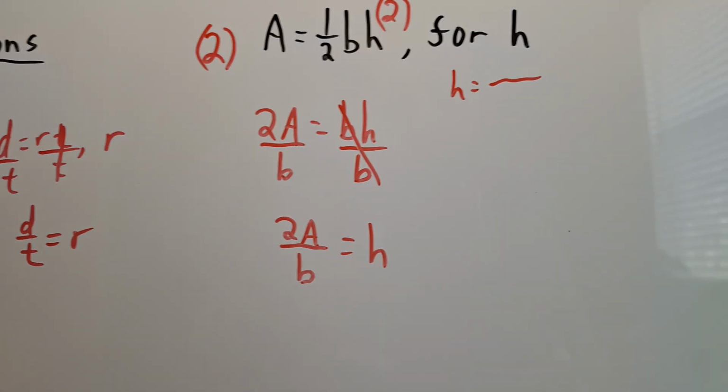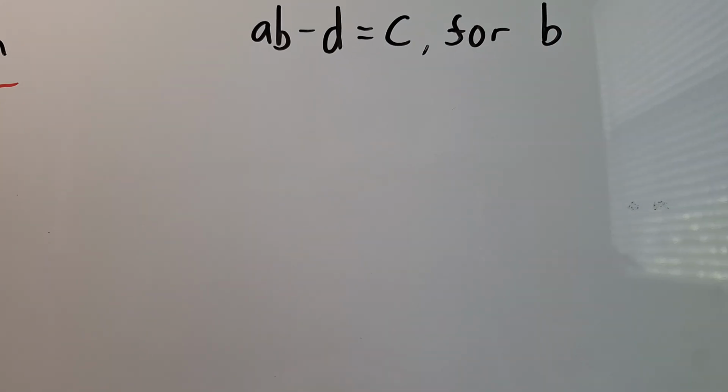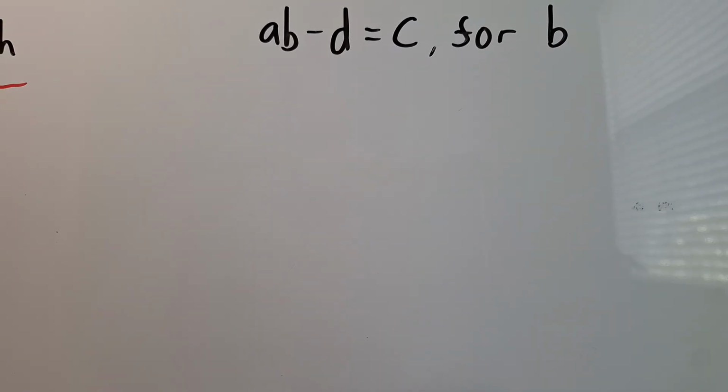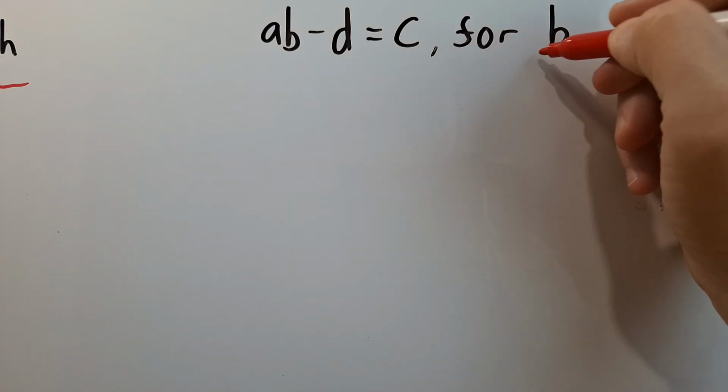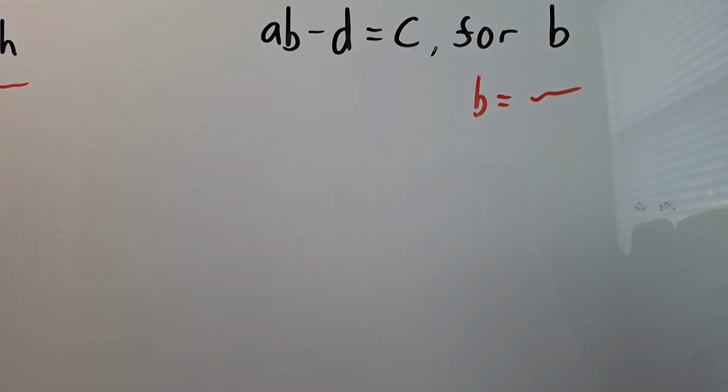Let's work out one more. The interesting thing about this one is that it's all just variables. For this particular example, we have a times b minus d equals c, and it says to solve for b. So our template says we want b equal to some stuff.